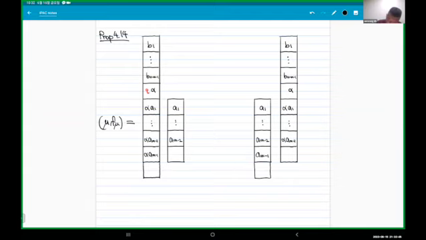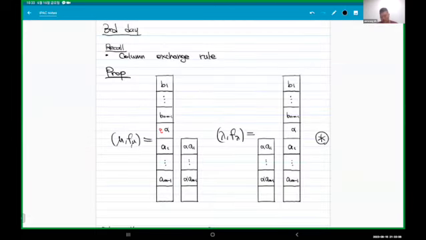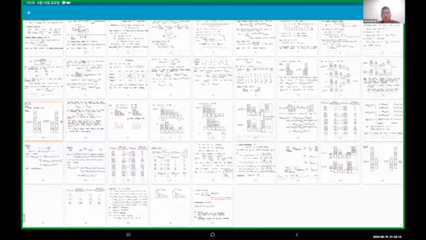Let's say this is a filled diagram, lambda, f lambda. We will denote the conditions for these two filled diagrams as double star. This is quite similar to the column exchange rule situation, where we had two filled diagrams and denoted the condition by star. And this is another condition.